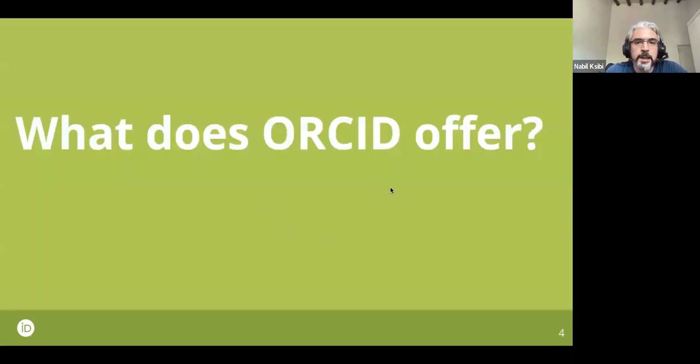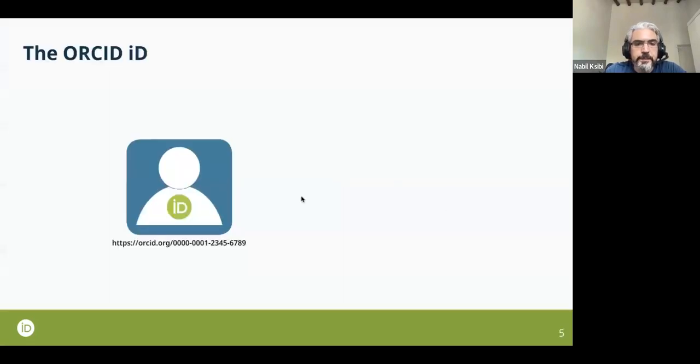Now, going through the ORCID offerings, I'm going to start with the ORCID ID itself. So this is the ORCID ID. It's a 16-digit identifier that uniquely identifies a researcher from another researcher, or an author from another author.